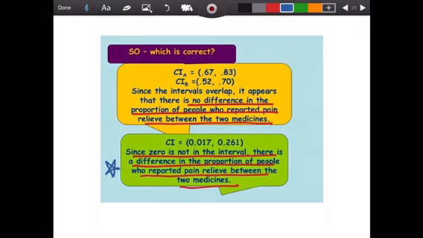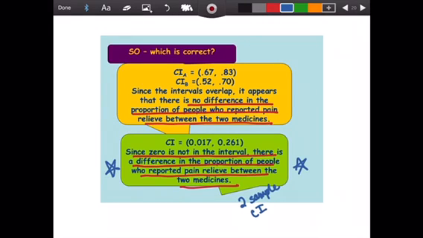What we would prefer to do is a comparison of the two independent samples and a two-sample confidence interval. There's a number of reasons for this. First of all, the confidence intervals could overlap and there still actually be a significant difference.